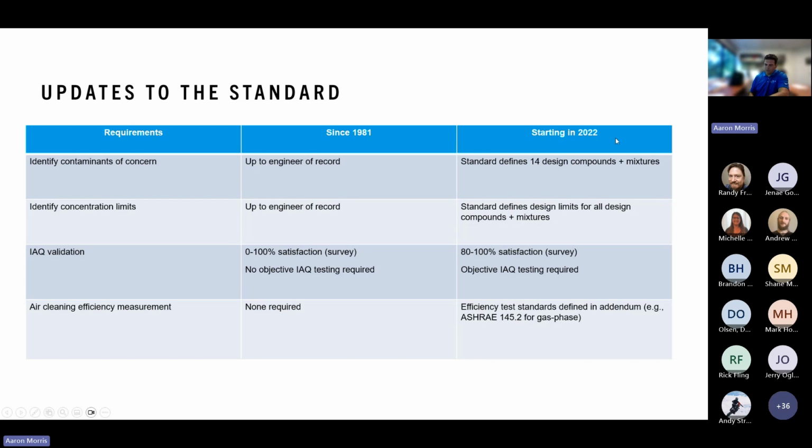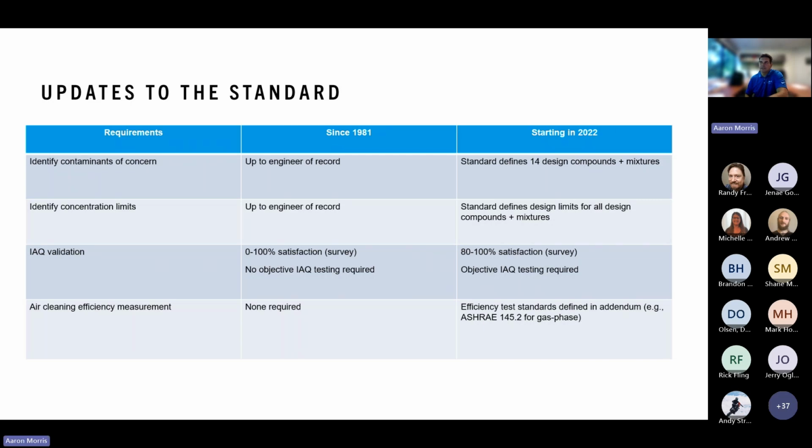But in 2022, we got an update that provides definitions of 14 compounds, which are contaminants of concern, and provides design limits for each of those contaminants.